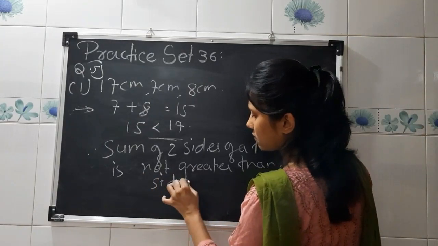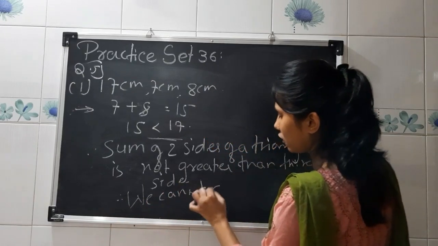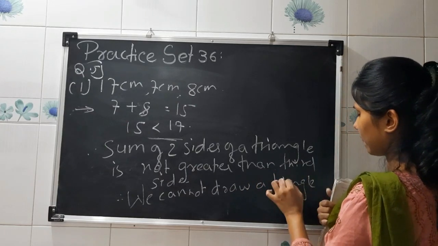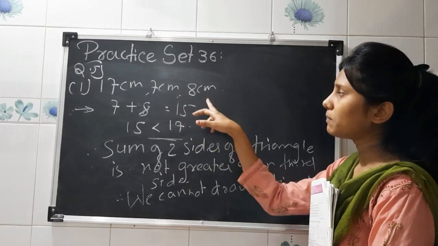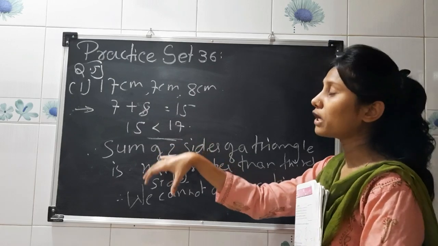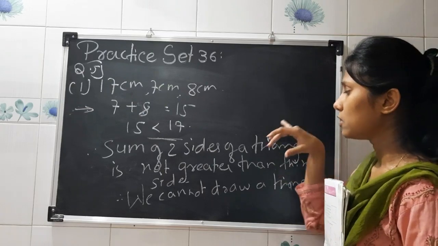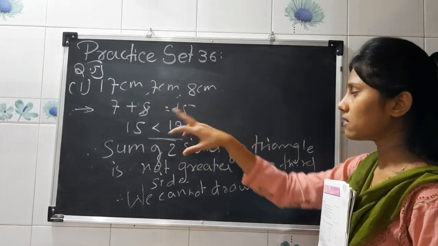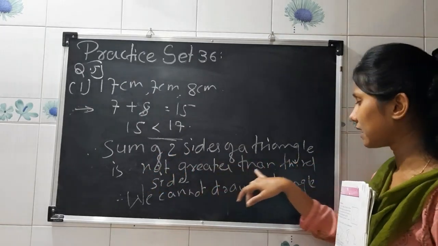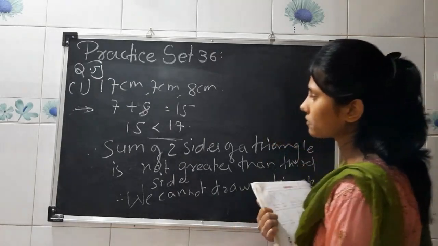Therefore, we cannot draw a triangle. 7 plus 8 is 15, but 15 is not greater than 17. But according to the property of a triangle, the sum of two sides of the triangle should be greater than the third side. So you have to write, therefore the sum of two sides of a triangle is not greater than the third side, so therefore we cannot draw the triangle. Understood?